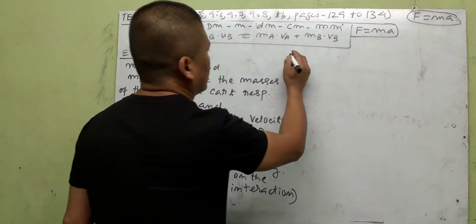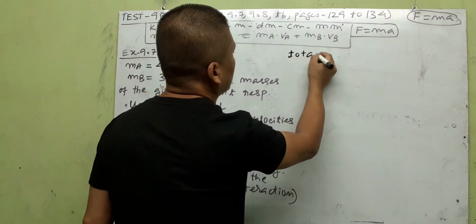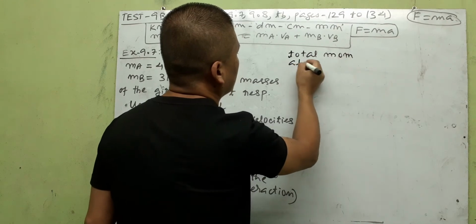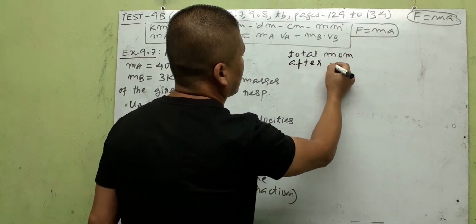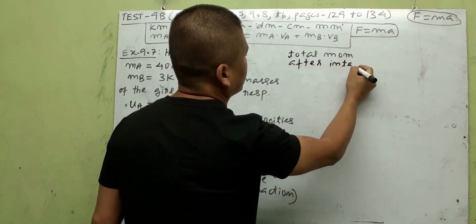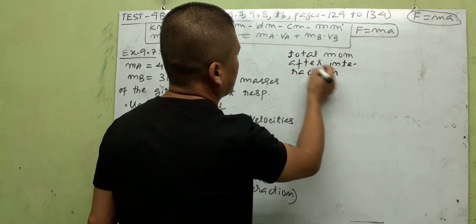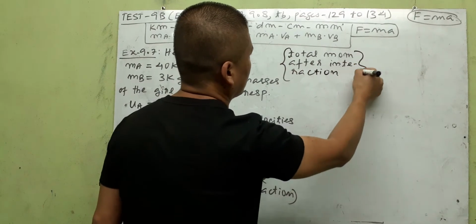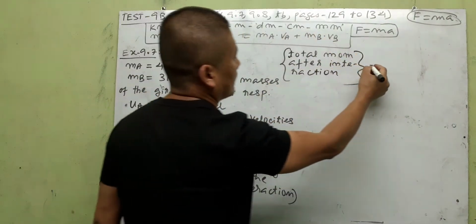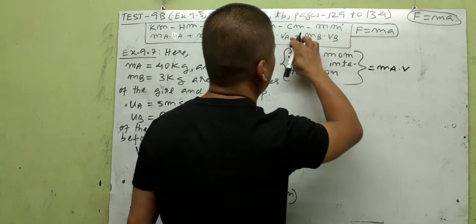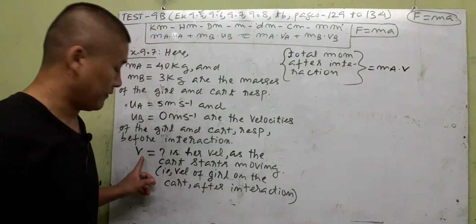So let us write here total momentum after interaction. Means after the girl jumps on the cart will be the final one. Right side, this one. MA V, but both of them finally have the same velocity.